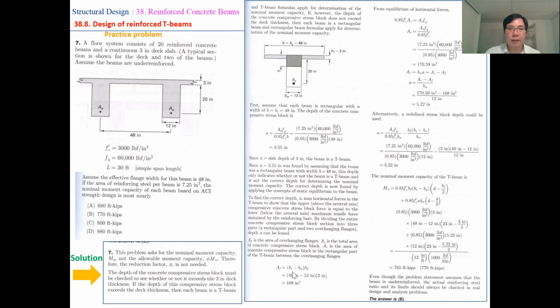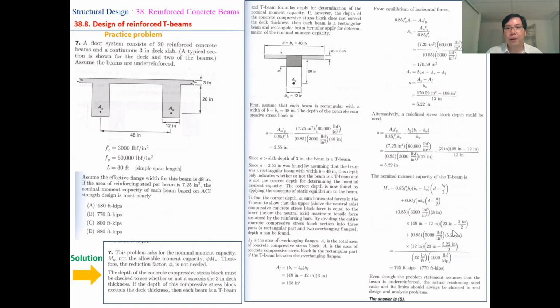the difference between b_E minus b_W times h_f, and you can find the value of A_F, and after that you apply the equilibrium of horizontal forces. You can calculate a, and from the value of a you can calculate the value of the nominal moment capacity of the T-beam Mn by this equation.